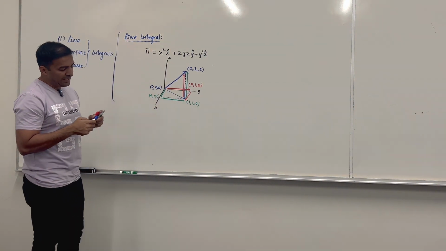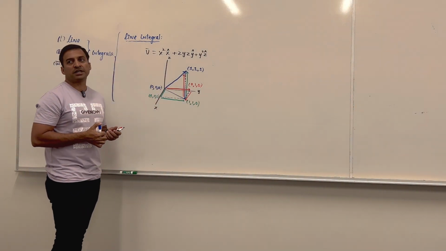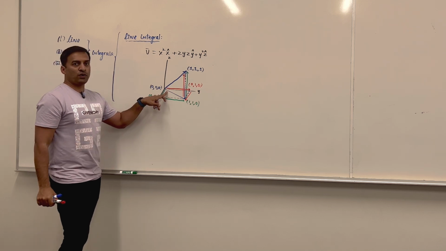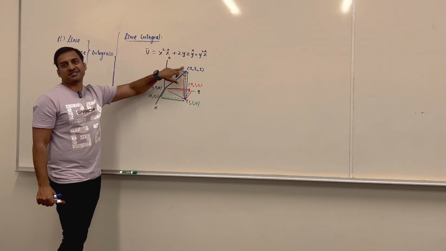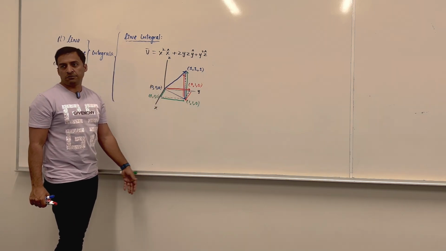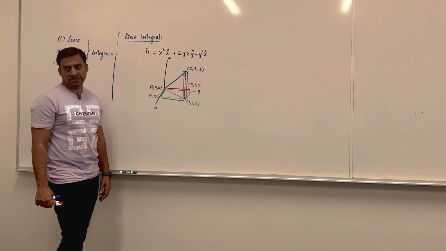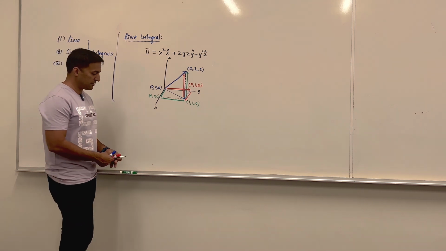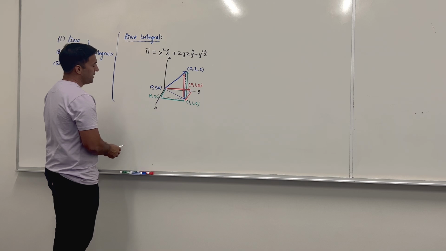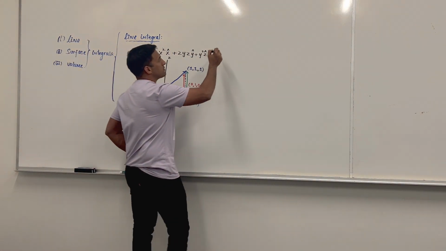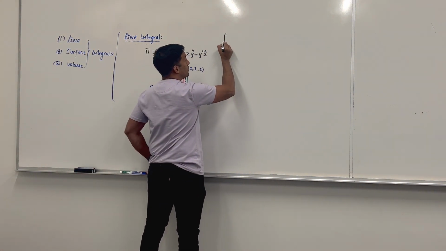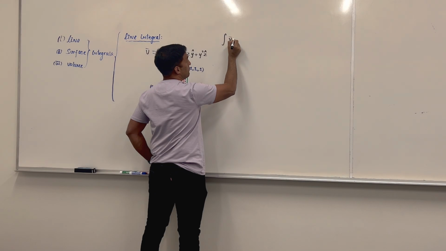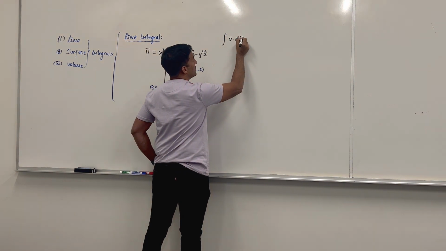Now we know that the line integral tells us that as long as our starting point and our end point are the same, no matter which path we take, we should have the same answer. That's what the line integral is. So basically we want to calculate this quantity, v dot dl.